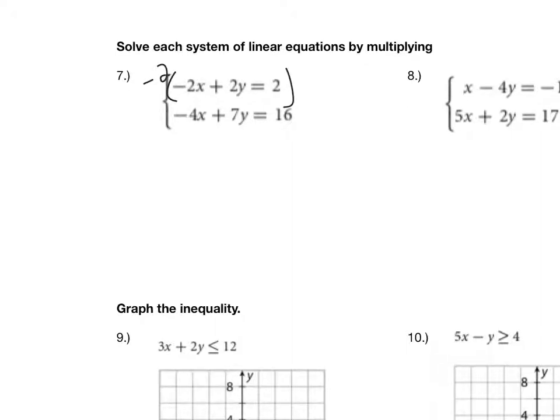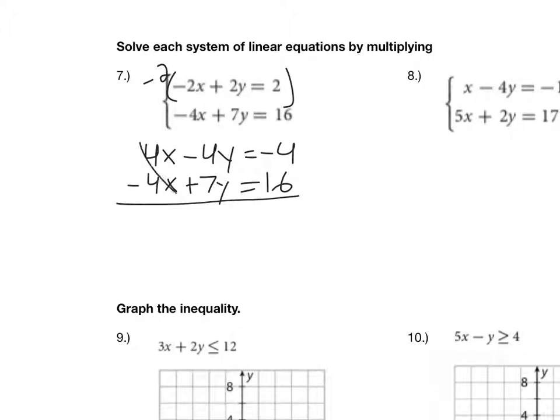If I do that, I get positive 4x minus 4y equals negative 4. And then on the bottom we have negative 4x plus 7y equals 16. Add these up together. These would cancel out. We'd be left with 3y is equal to 12, which would mean that y is going to equal 4.